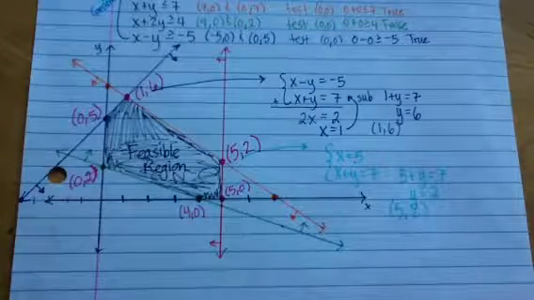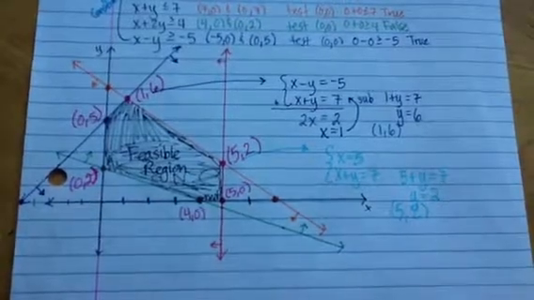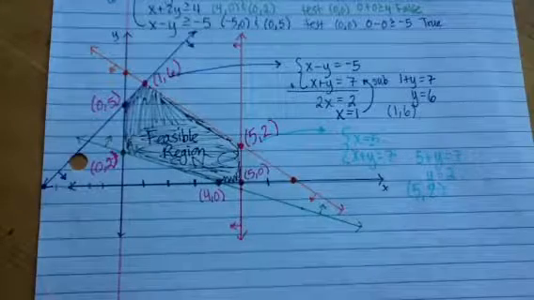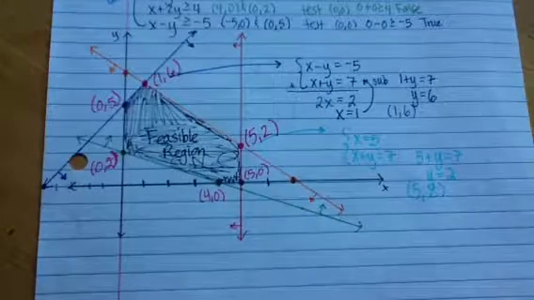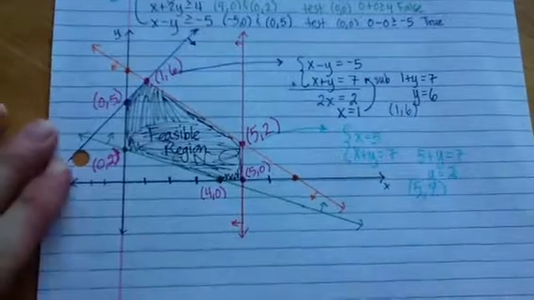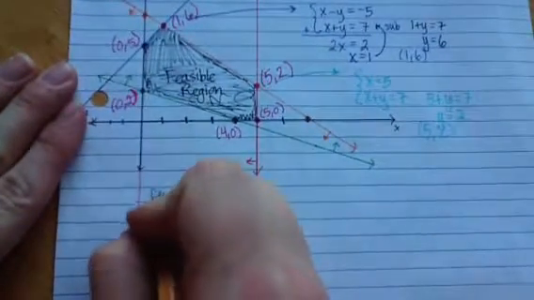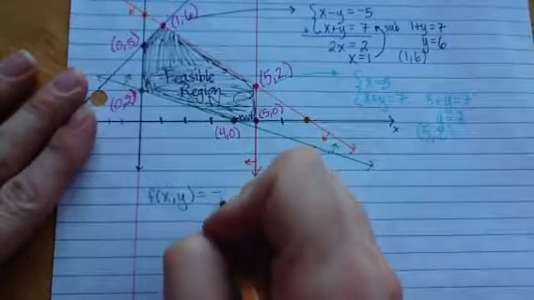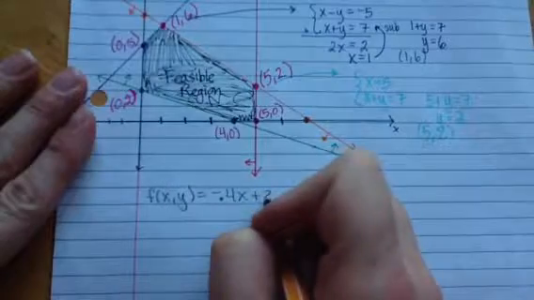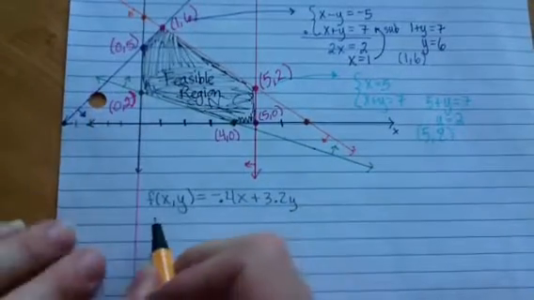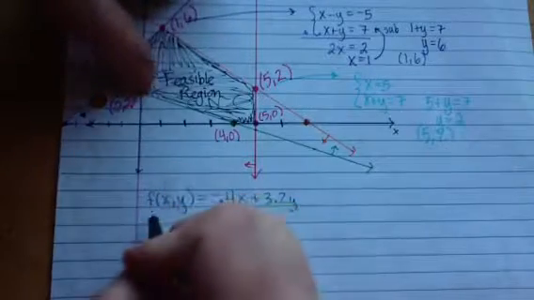After we've found all the vertices of our feasible region, what we're going to do is substitute each one of them into the objective function and figure out which one gives me the maximum and the minimum value. So my objective function was f of x comma y equals negative 0.4x plus 3.2y. So I'm going to have to plug in each ordered pair from the vertices.